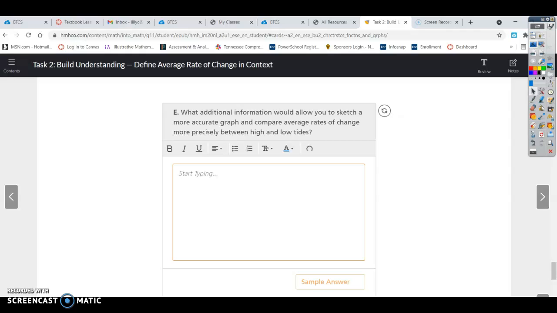All right, it says, what additional information would allow you to sketch a more accurate graph and compare average rates of change more precisely between high and low tides? All right, go ahead and pause it, enter your answer.